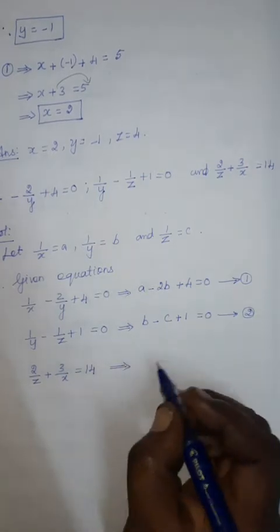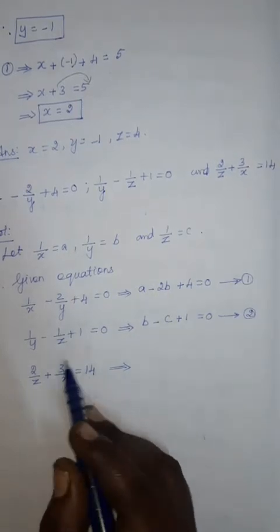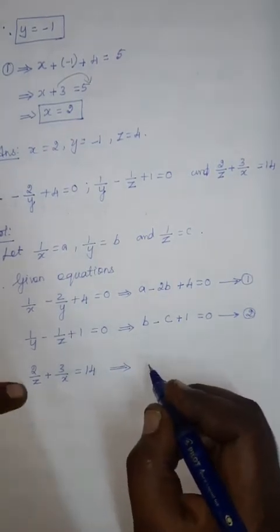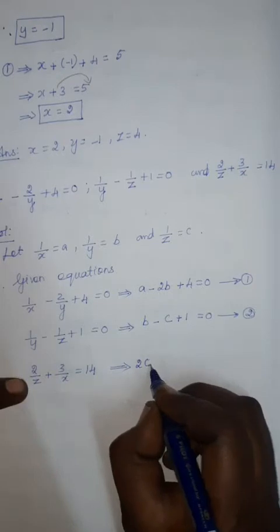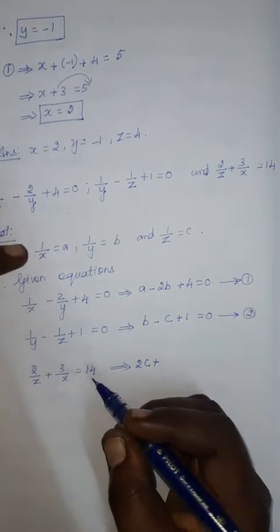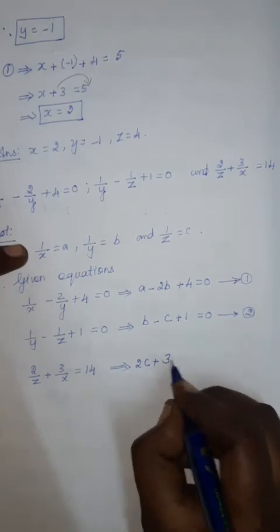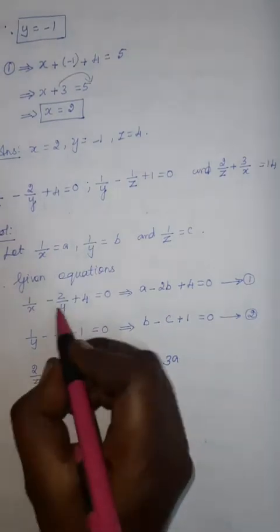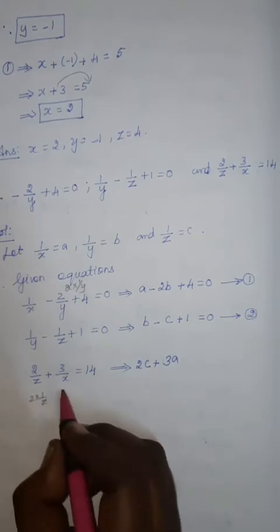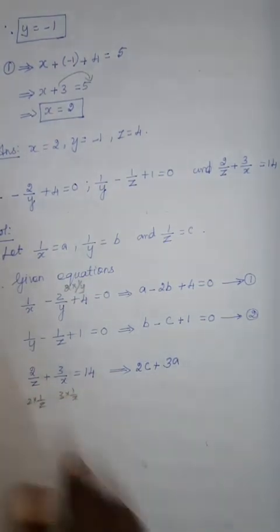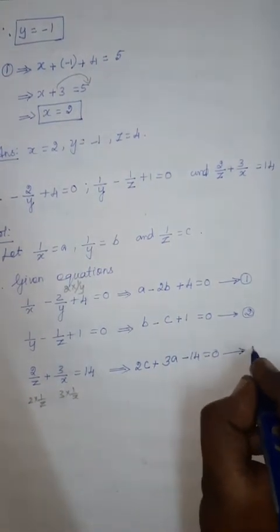Here all the equations are in the form of equal to 0, so here also take the constant to the left side. 1 by z is c, 2 into 1 by z means 2c, plus 3 by x. 1 by x is a, 3 by x means 3 into 1 by x, so 3a, then minus 14 equal to 0. So this is equation number 3.